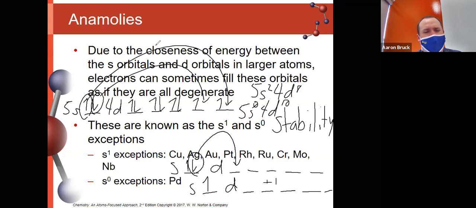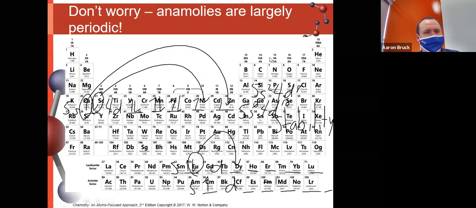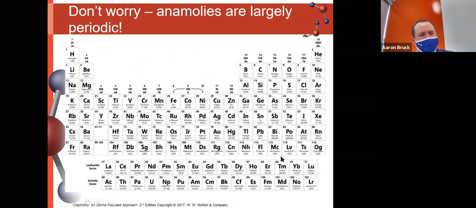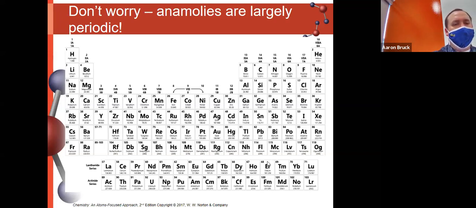Now, one thing about this, it does look like just a random list of elements. However, what we will see is that there is some rhyme and reason to the exceptions. So for the S1 exceptions, I'm going to code them in red here.